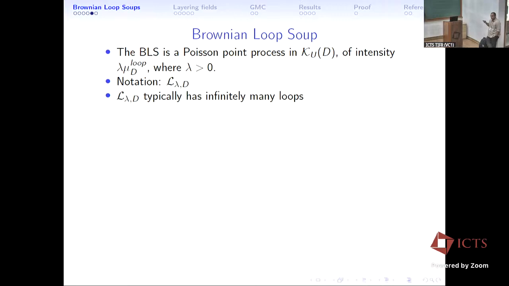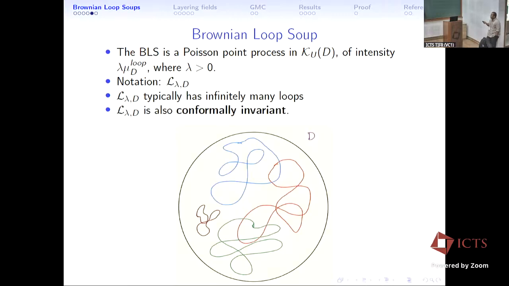So in a bounded domain, there will be infinitely many tiny loops in any realization. Again, this is a picture of a realization of a Brownian loop soup. These loops are obviously not Brownian loops; it's a kind of impressionistic picture, but this is what I'm thinking of when I think about Brownian loop soup.